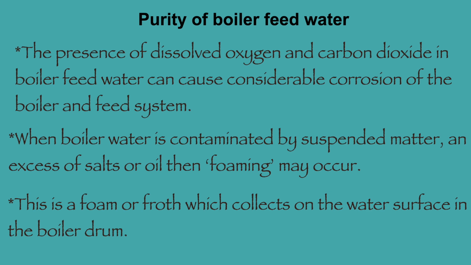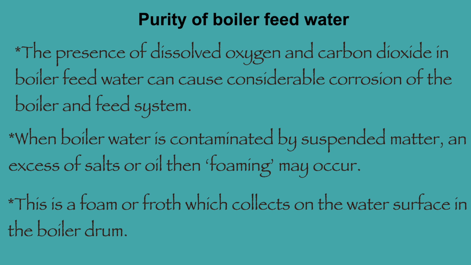The presence of dissolved oxygen and carbon dioxide in boiler feed water can cause considerable corrosion of the boiler and feed system. When boiler water is contaminated by suspended matter and an excess of salt or oil, then foaming may occur.